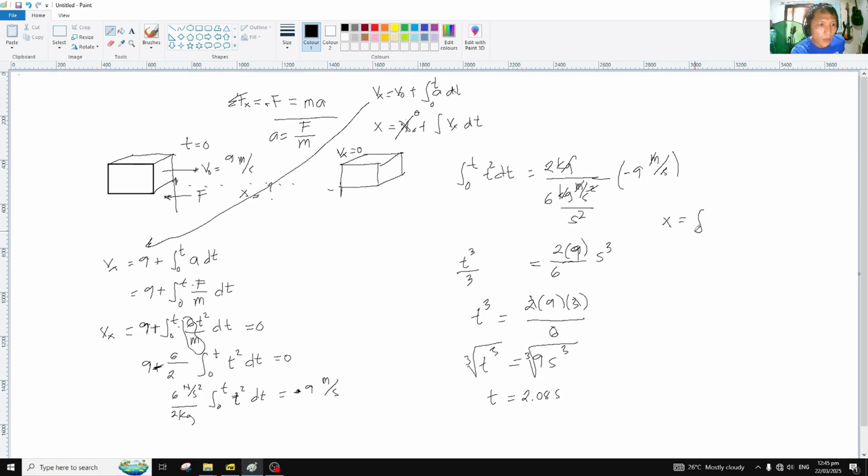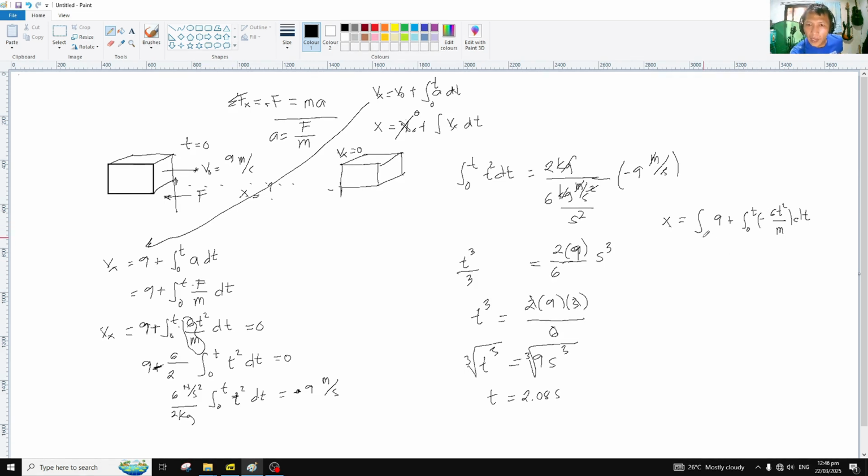We have the integral of 9 plus the integral from 0 to t of negative F, your 6t squared, all over m, dt. That's how it looks.